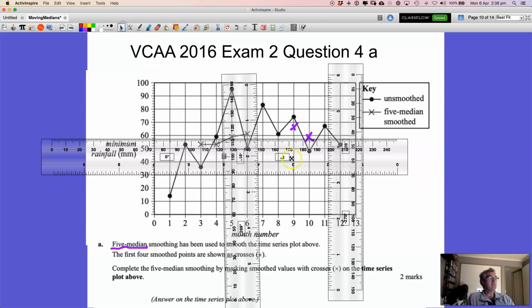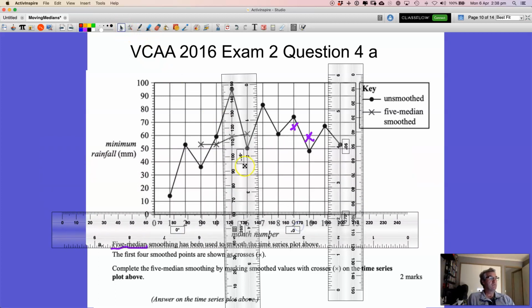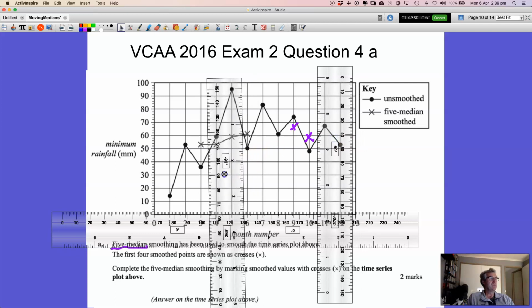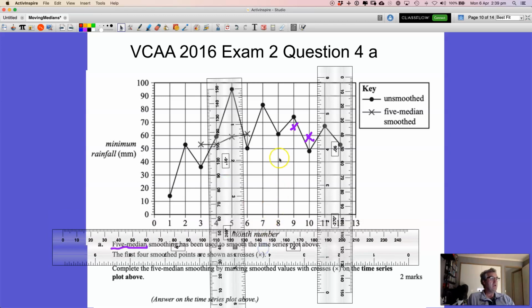and we continue. Move these rulers across another point. I'm now working at point 8, right? 2 forward, 1, 2, 2 backwards, 1, 2.